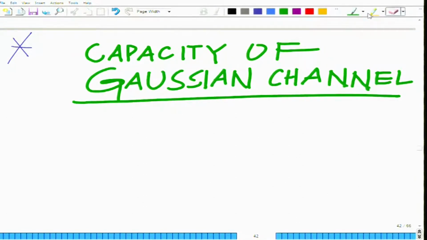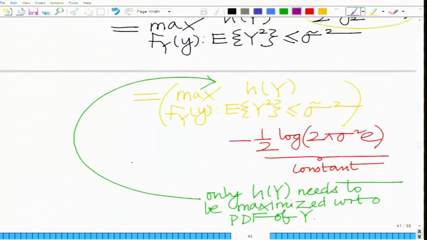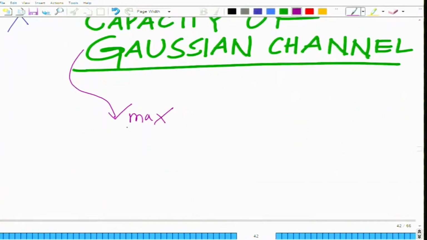And what we have seen is that the capacity of the Gaussian channel, when you maximize the mutual information, reduces to the following thing: we have to maximize over the set of all probability density functions of the output y such that the power is limited, less than or equal to sigma tilde square.